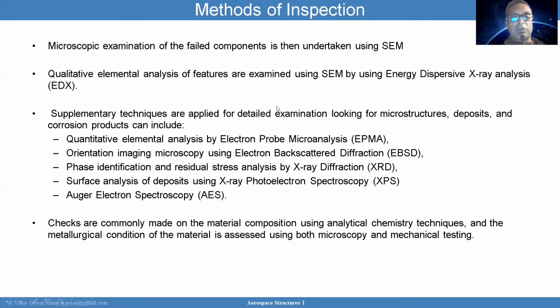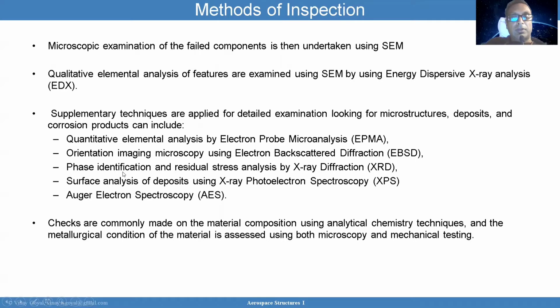Other techniques have been used for detailed examination during failure investigations, looking for microstructures, deposits. You also want to make sure that the materials are composed as what you thought. So you can do a spectra analysis to understand what percentage of each material could be in that one metal, for example.